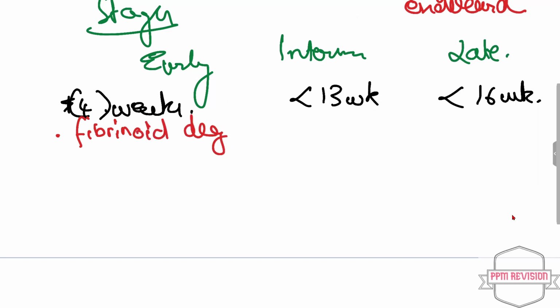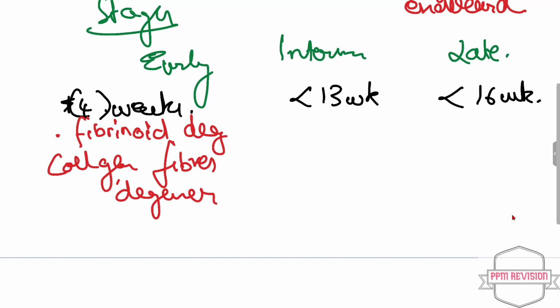It's called fibrinoid degeneration because the collagen fibers are degenerated in this stage.